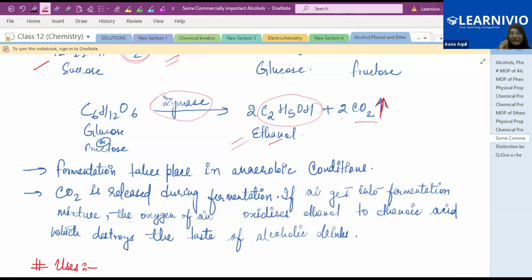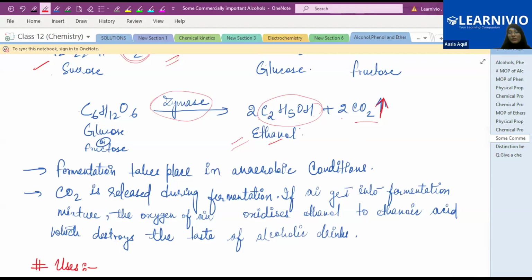Basically what happens is, when a little bit of oxygen रह जाता है, due to the presence of oxygen this ethanol will oxidize to ethanoic acid. This primary alcohol, in the presence of oxygen, will oxidize to the corresponding ethanoic acid.